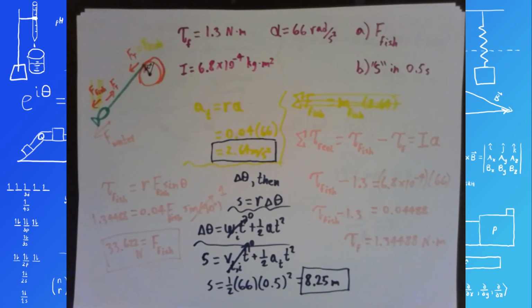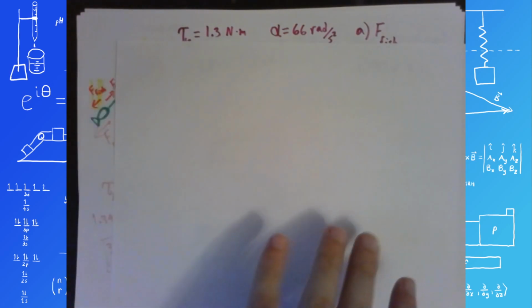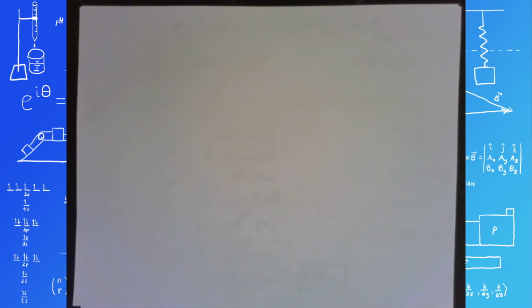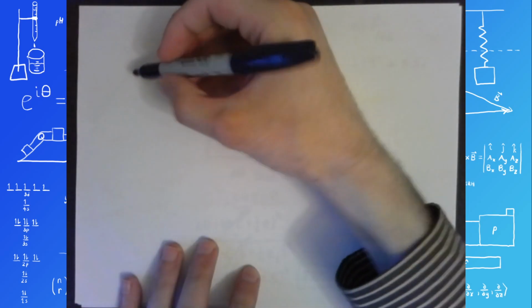So for 35, it says we have a 150 kilogram merry-go-round. I might as well put up the next sheet for that. We have a 150 kilogram merry-go-round in the shape of a uniform, solid, horizontal disc of radius 1.5 meters. So let's go ahead and draw that.